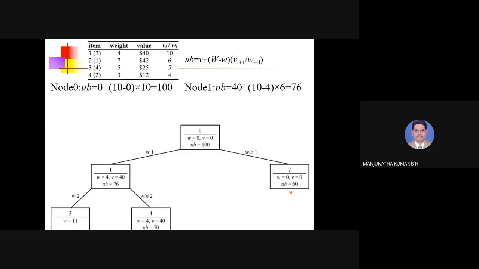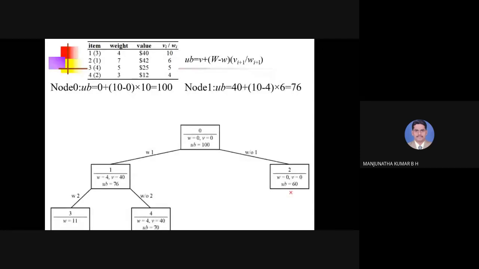Which item are you going to consider now? The zeroth node means no items are considered. From the zeroth node onwards, I am considering the item. So the first item to be considered is the item whose profit weight ratio is 10, hence it is multiplied by 10. What is the value of this equation? 100.